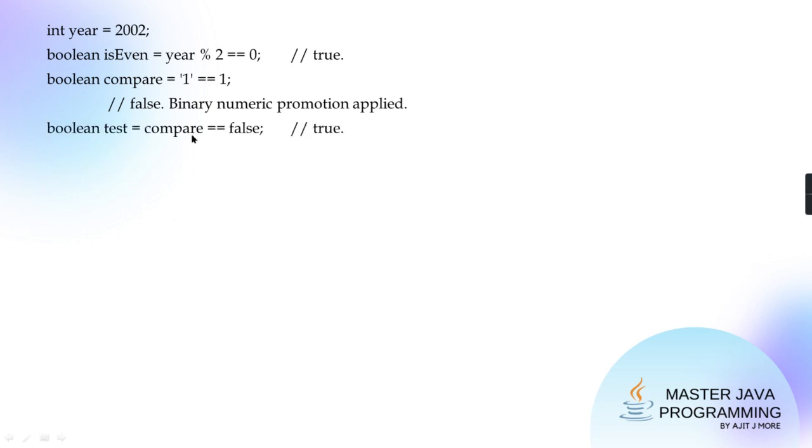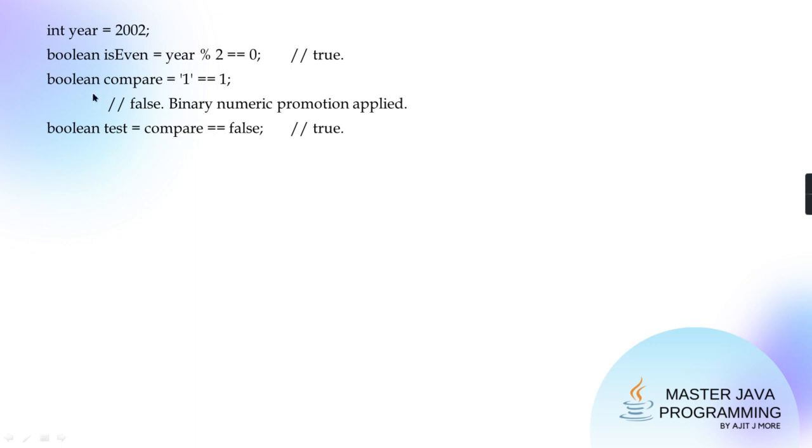And tell me, is this comparison legal? The result of compare is false, then you are checking false equal to false. Is false equal to false? Yes, therefore the result is true. Is this comparison legal between Boolean and Boolean?